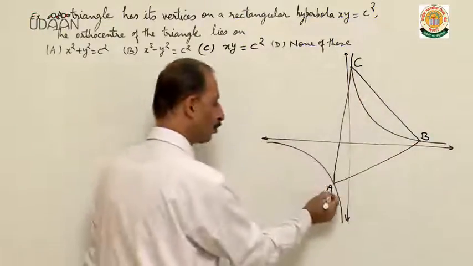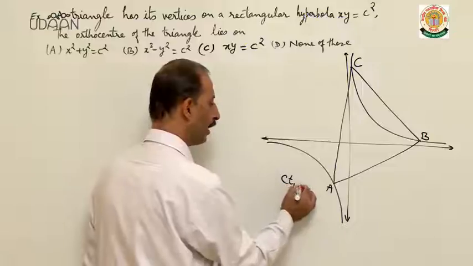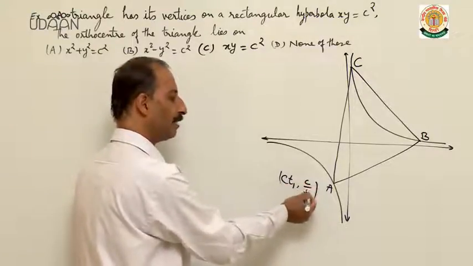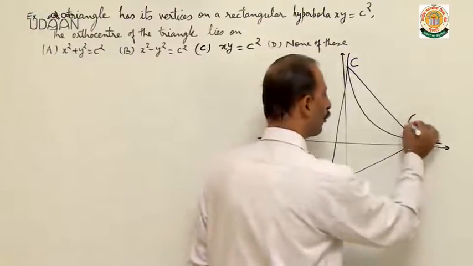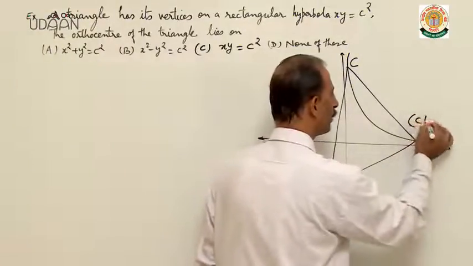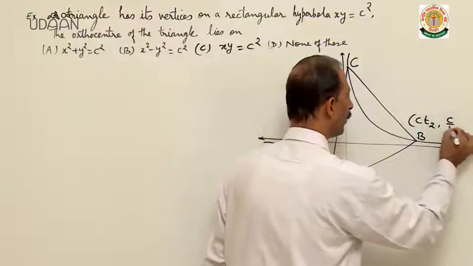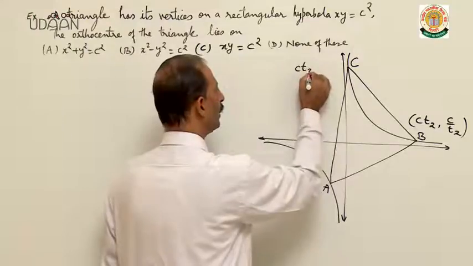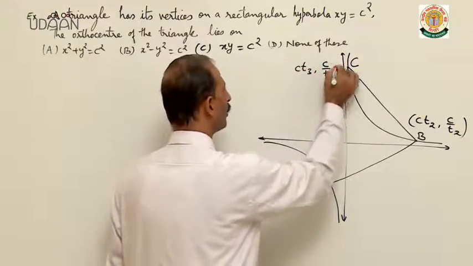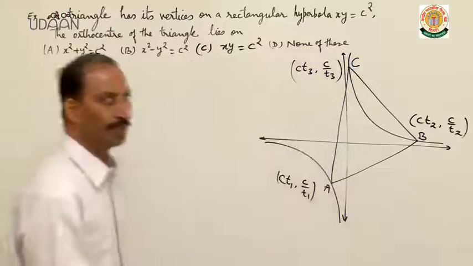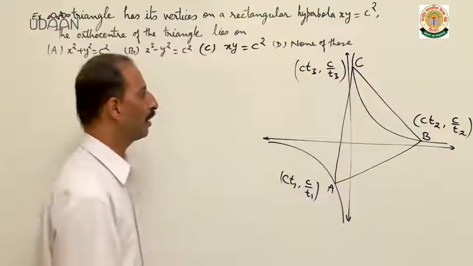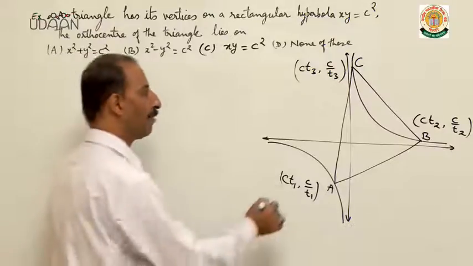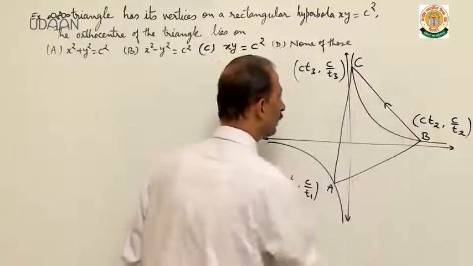Let us suppose the coordinates of point A in parametric form are t1, so we can say c t1 and c upon t1. Coordinates of B are t2, that is c t2 and c upon t2. Coordinates of C are t3, that is c t3 and c upon t3. These are the coordinates of the points A, B, C. Now children, to find the orthocenter, first of all I am finding the slope of side BC.